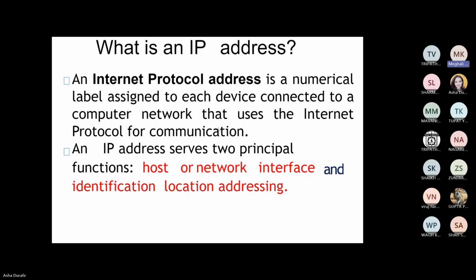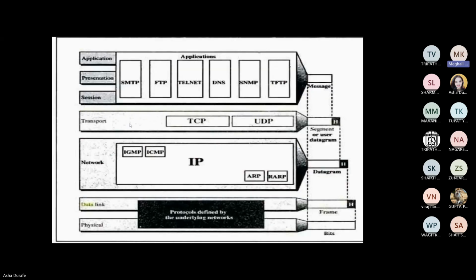So this works basically on the network layer of the OSI model, or else if you see this TCP/IP protocol suite, here also you can see IP is the major protocol in the network layer of the TCP/IP protocol suite. Apart from that, we have other protocols also, like ARP, RARP, IGMP and ICMP.